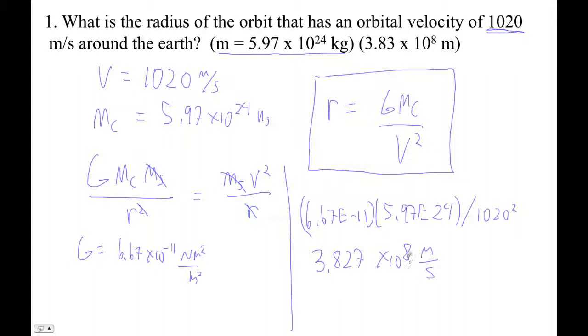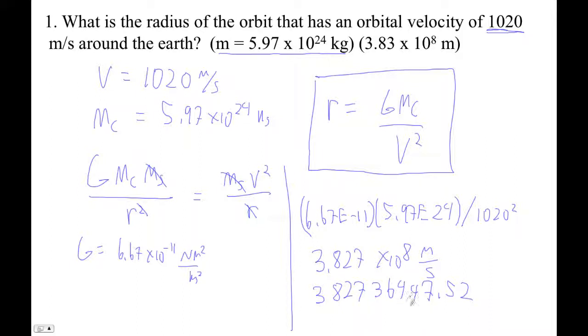I guess I'm in scientific notation mode. If I'm in normal mode, it comes out as 382,736,447.52. You could just write that down. That's okay.